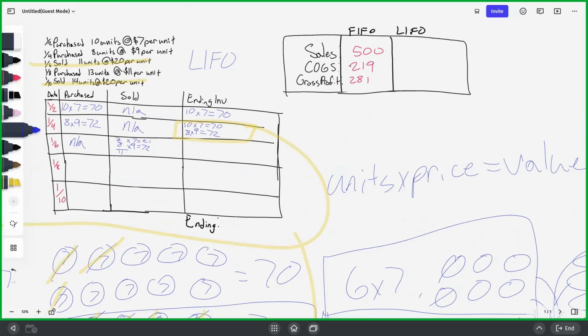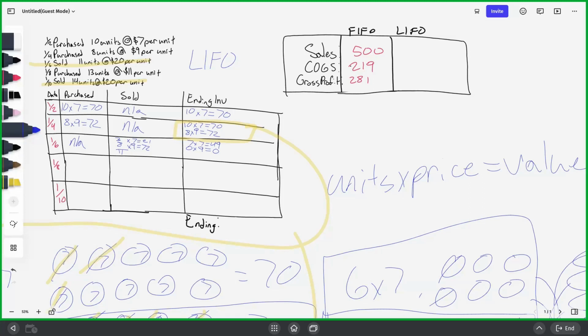So what's our ending inventory going to look like? The middle of the thing. $36. Oh, I talk about that. Yes. We know we don't have any more of the $9 units because we got rid of them all. $45. I already did it.